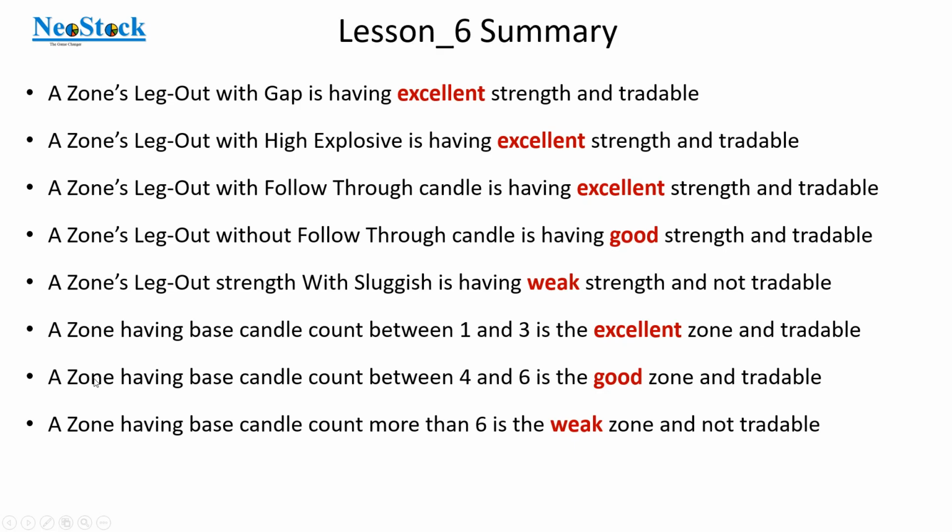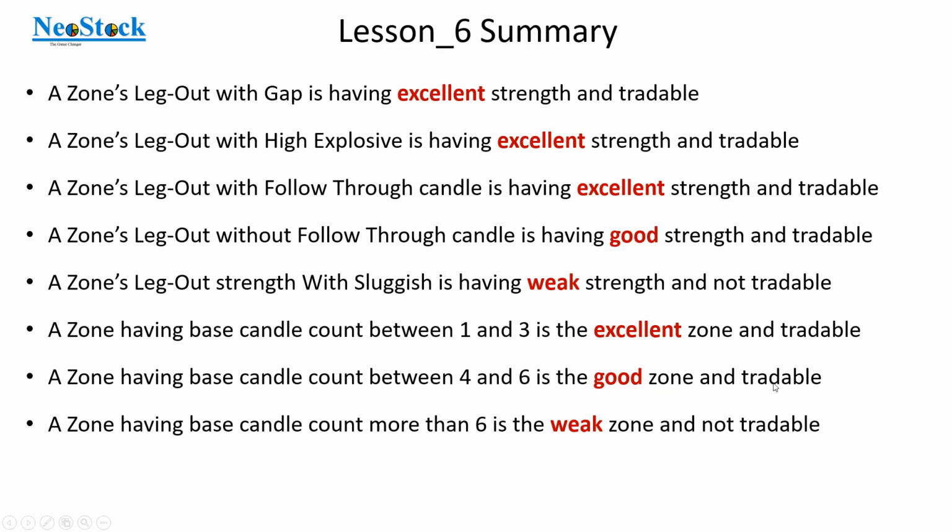And next point, a zone having base candle count between 4 candles and 6 candles. Total candles in a base could be between 4 and 6 are called as good zones. Maybe they are not excellent, but they are good zones. That's why they are also tradable zones.